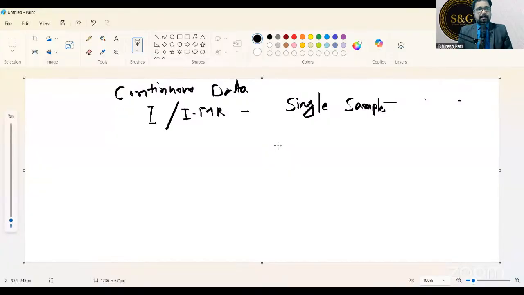All right. The chart which I had plotted earlier, with those upper control and lower control limits, that is called an I chart. It is a basic chart, discovered by Walter Shewhart. Single sample meaning there are two types of sampling. One is you are taking one sample at a time.